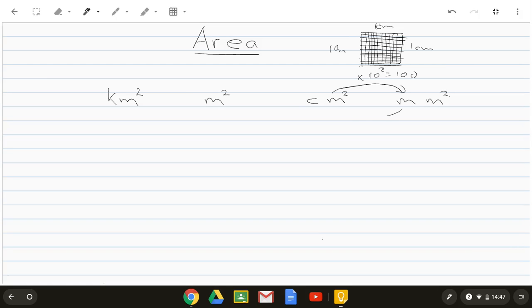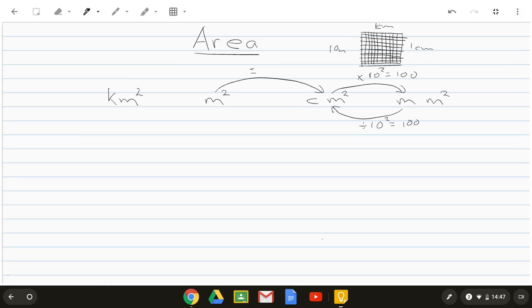If we go back from millimeters and we're converting it to centimeters, we take the same thing. So instead of dividing it by 10, now we're dividing it by 10 squared, so we're dividing it by 100. The same thing happens when we're going from meters to centimeters, because there's 100 centimeters up for each meter and 100 centimeters across for each meter.